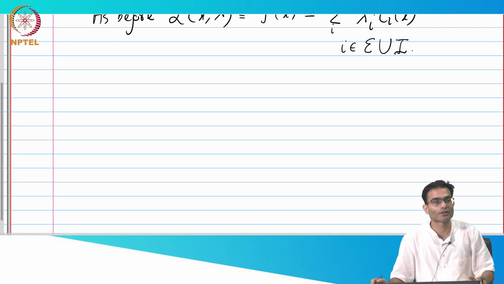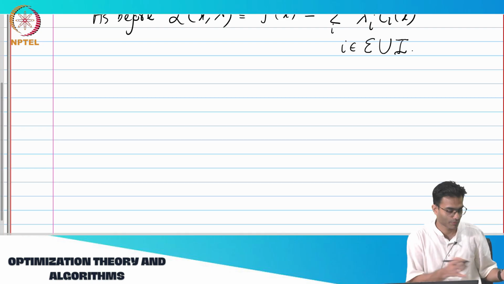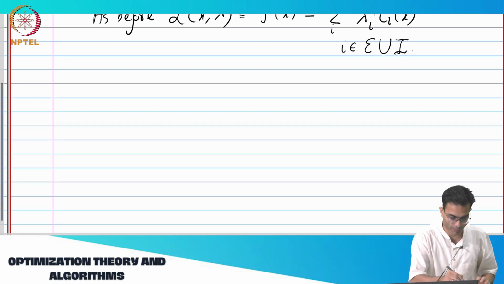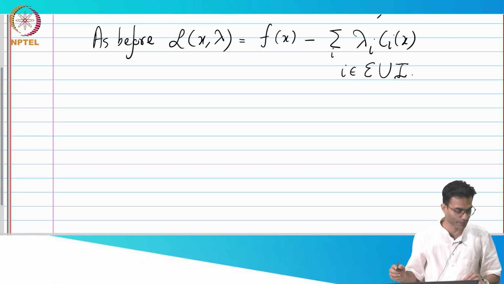So it's a relatively long sequence of statements that we have to write to put this KKT theorem on paper. Okay, so let's do that with this Lagrangian in mind.